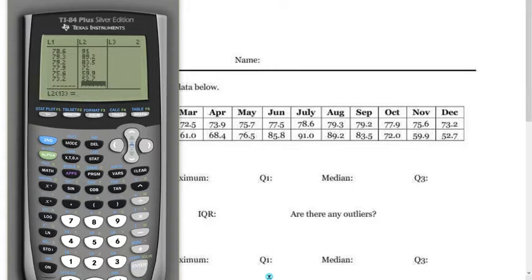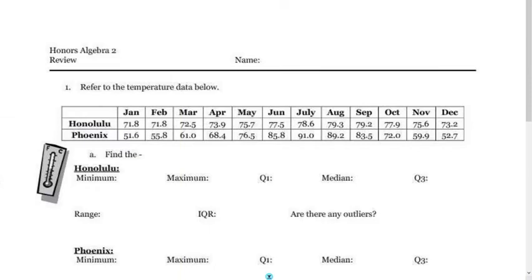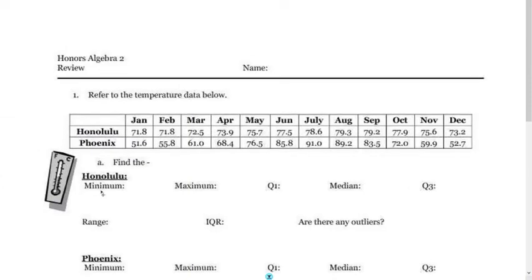All right, so for Honolulu, I'm going to find my 5-number summary. That's the first 5 things here. So stat, over to calc, 1 variable statistics, and I want L1, so I am good here, but when I want L2, I need to change it. So for L1, I have my 5-number summary, and that goes right in this first thing. So the minimum was 71.8.